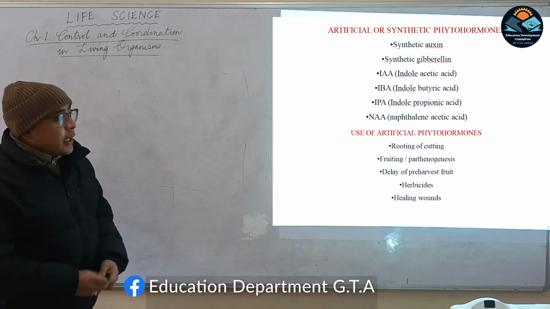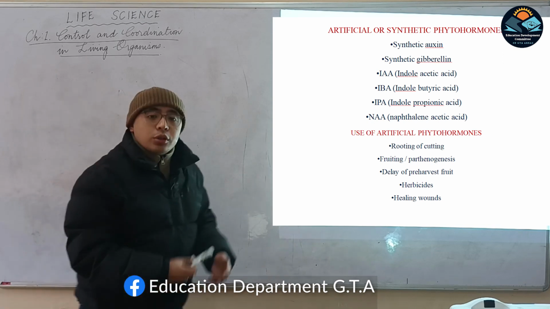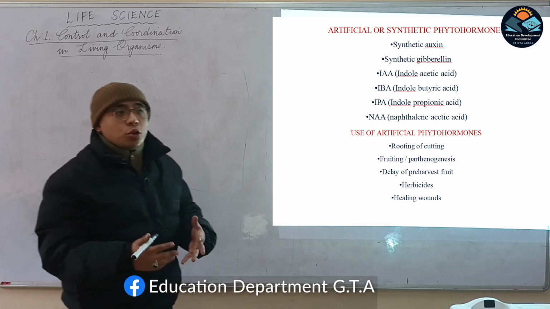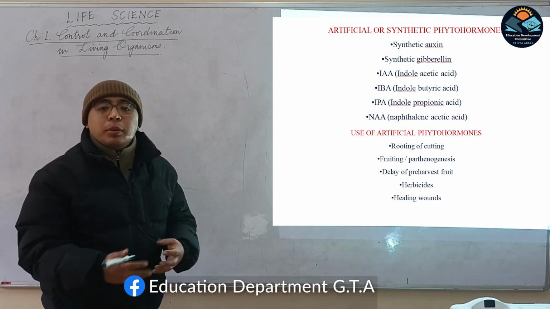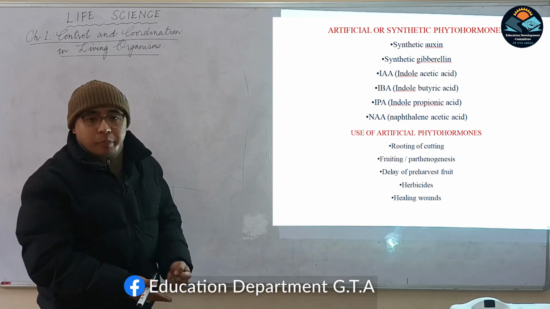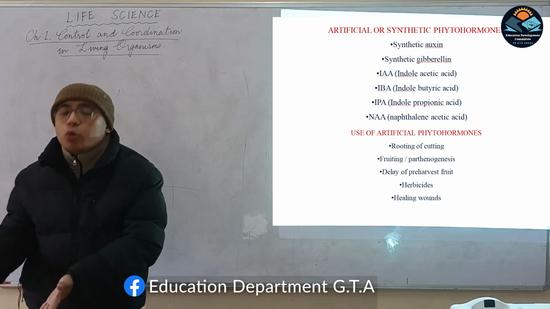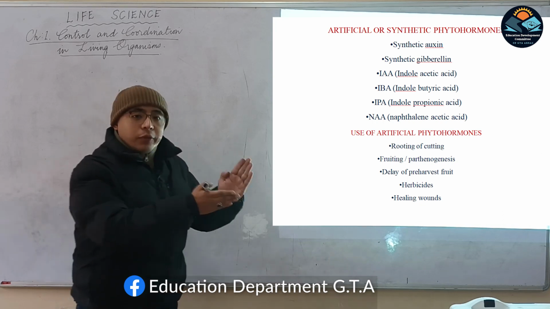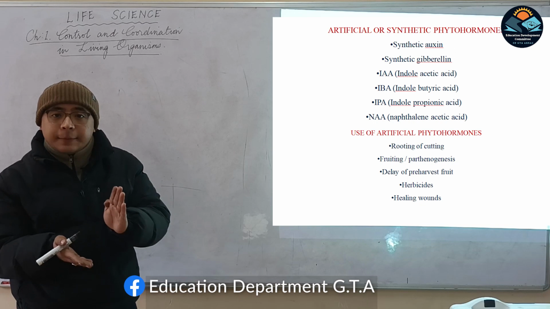Primarily we can use artificial phytohormones to induce rooting in different types of cuttings. As you may know, there are certain plants that have the ability to be grown vegetatively. By cutting a vegetative part of the plant and planting it elsewhere, we are able to get a completely new plant from that part. The part that was cut from the original plant is known as the cutting.